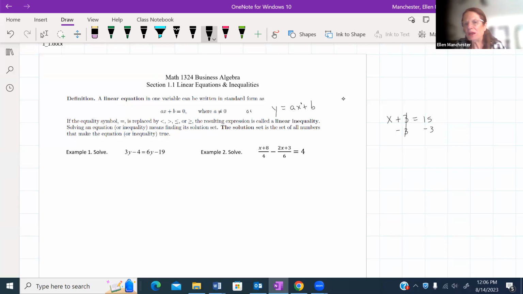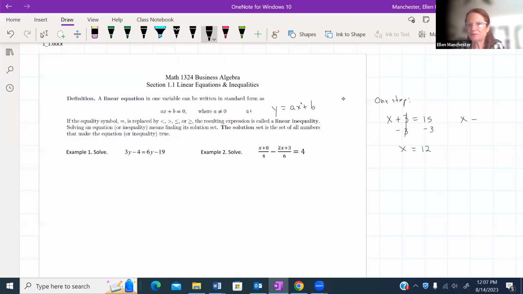Basically what I've done is moved this 3 over to the other side, and I've crossed that equal sign, so I have to go in the opposite direction as far as the numbers go. So 15 minus 3 is 12. And then again, you can always double check. Plug that back in. 12 plus 3 does equal 15. You're good to go. So this is the addition principle.